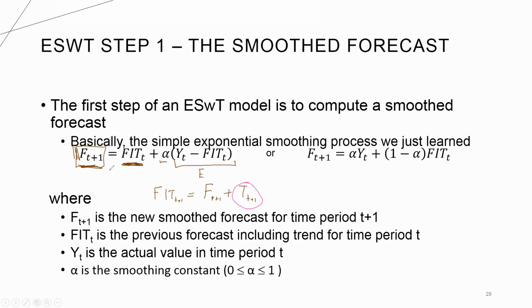For now, just imagine that this trend adjustment was just a number, based on the slope we were observing, not much. We're always going to be adjusting every estimate by that trend adjustment. So we take our value and smooth it a bit. If our previous value was too low, then our error is positive, and we bump this one up. If our previous value was too high, then our error is negative, and we bump it down. But then we add that trend adjustment to get the new final forecast that we want.